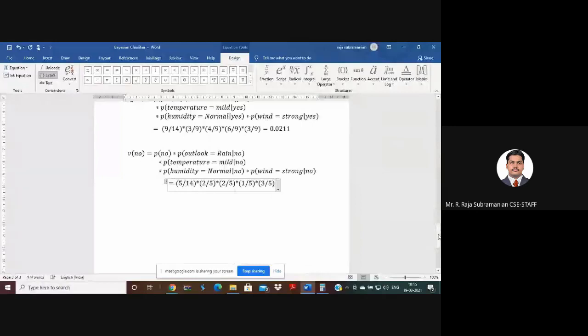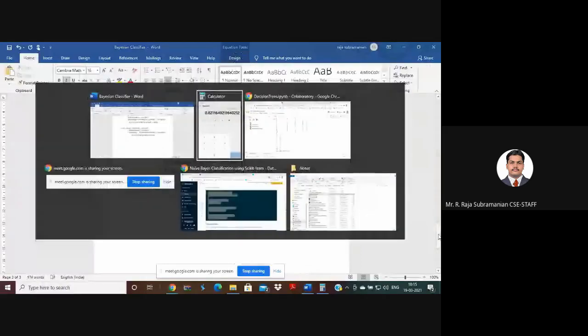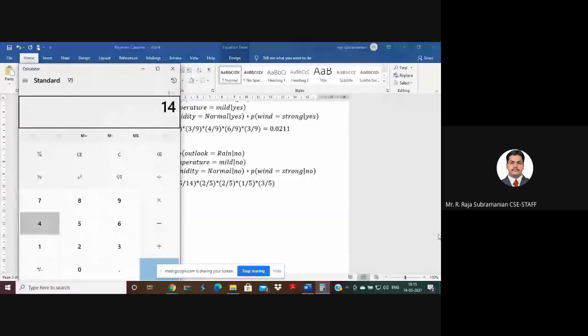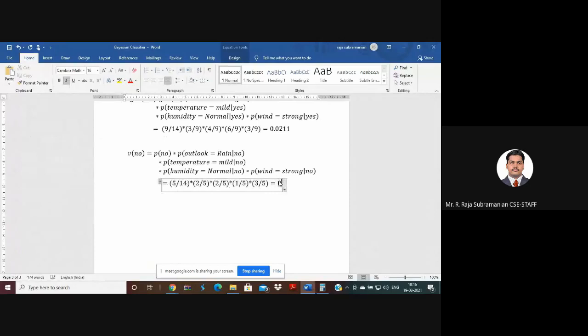So now I'll take the calculator again. 5 by 14 into 2 by 5 into 2 by 5 into 1 by 5 into 3 by 5 is 0.0068. Now I take the argmax.